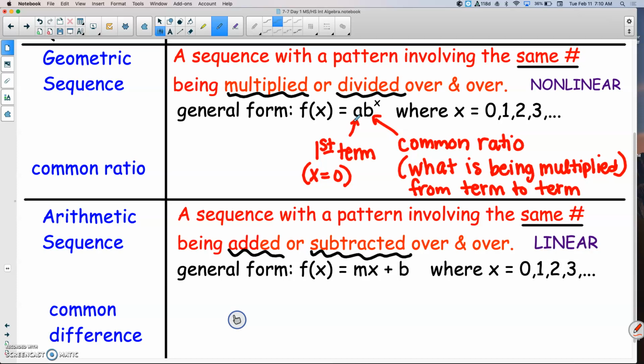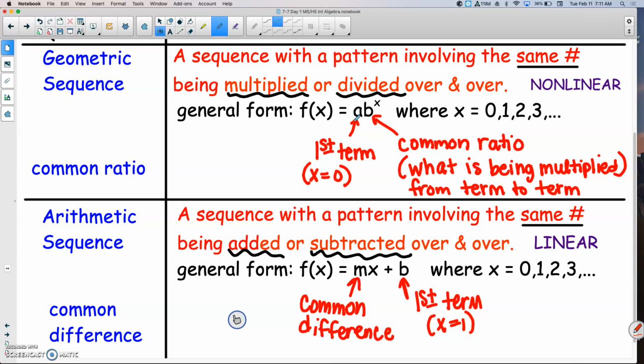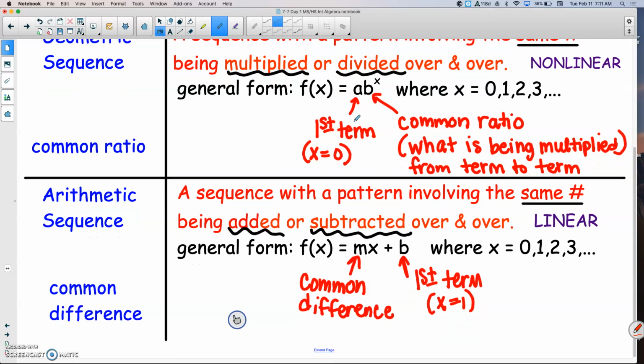And arithmetic sequences are linear, and their general form is f of x equals mx plus b, where b is the first term when x equals 0. And m is the common difference, because that would be like the slope or rate of change. So how much is being added or subtracted from term to term?